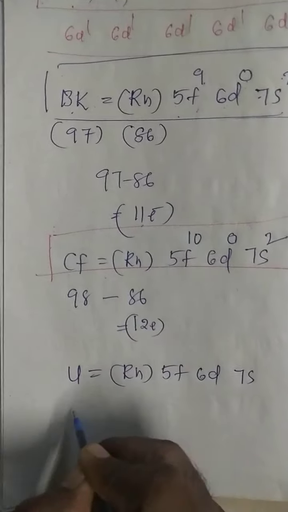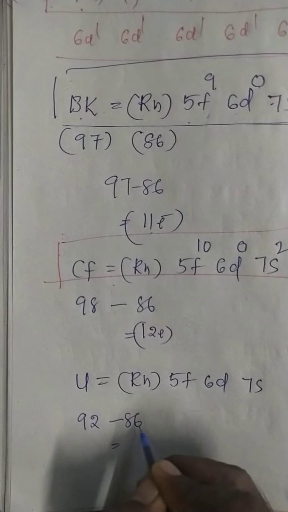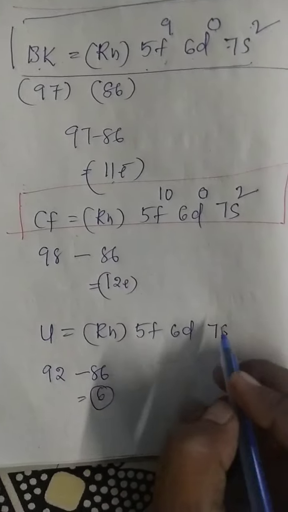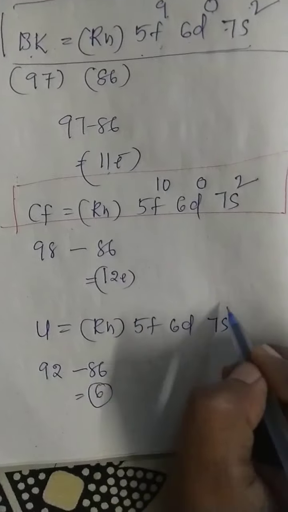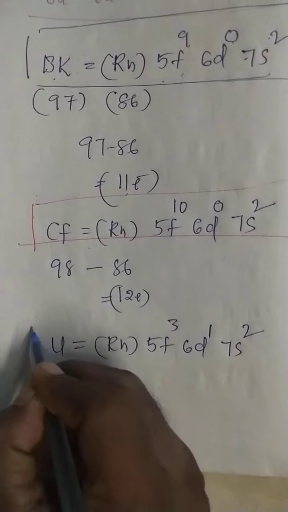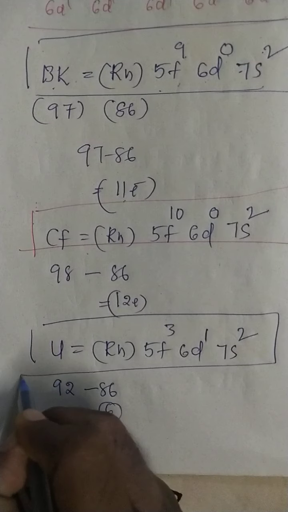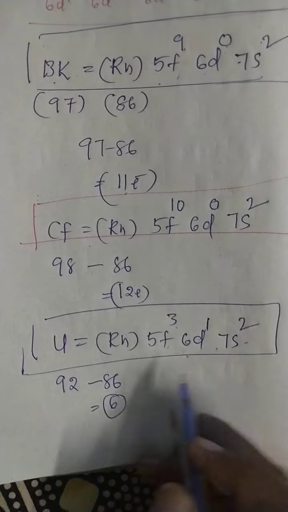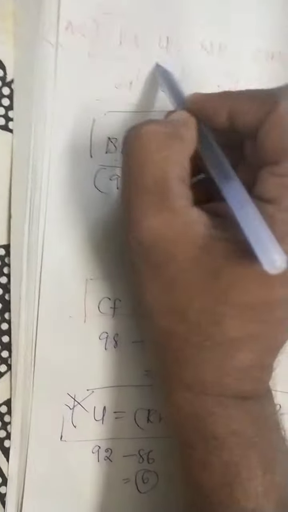Uranium's atomic number is 92 minus 86, so total 4 plus 2, 6 electrons. 6 electrons means already 2 electrons in the s orbital, 1 electron in the d orbital, so the remaining electrons are 3. So uranium's electronic configuration, my dear students, is 5f3 6d1 7s2. It is an exceptional case because uranium has 1 electron in 6d1. It's clear?